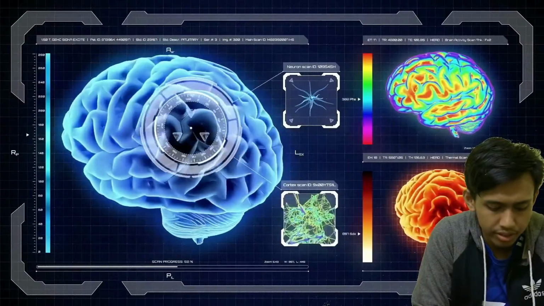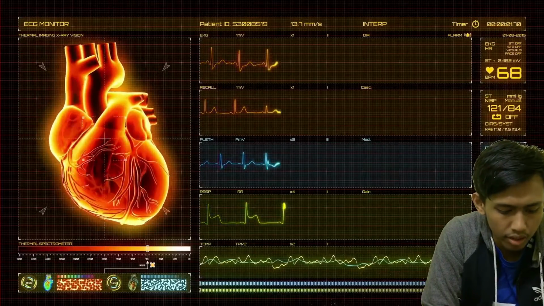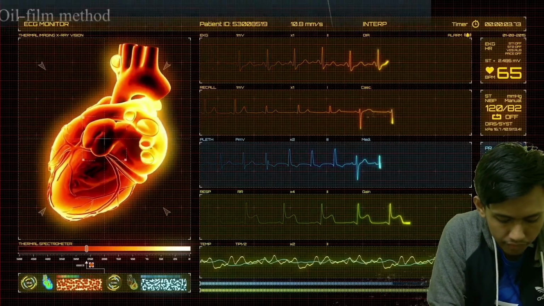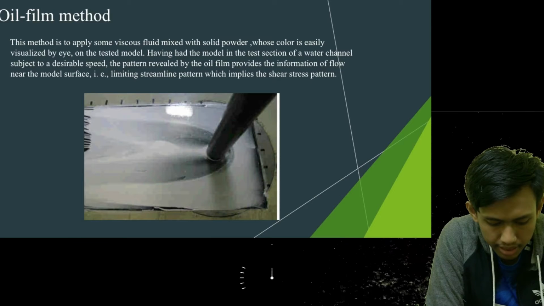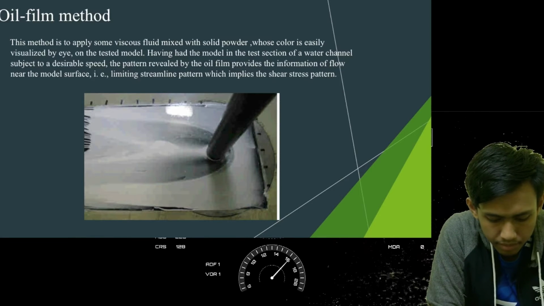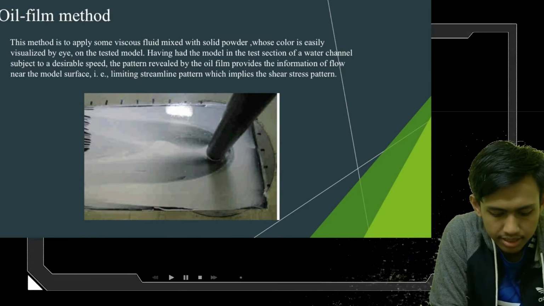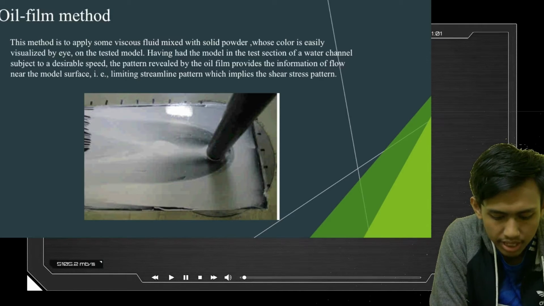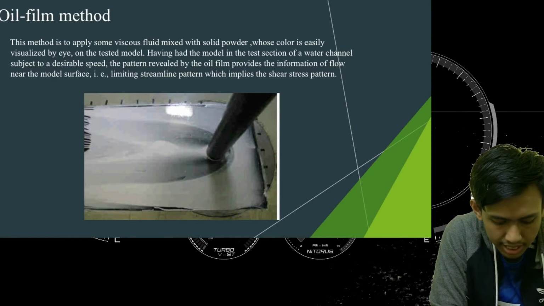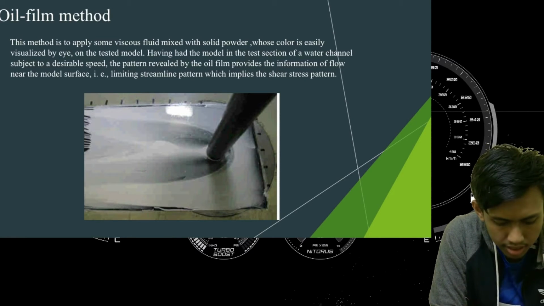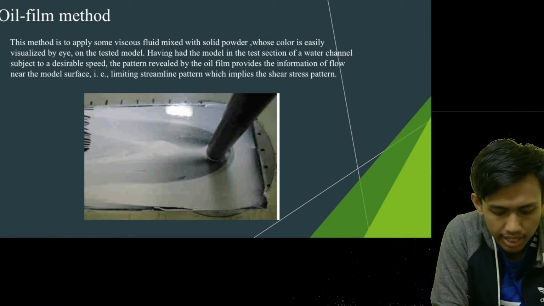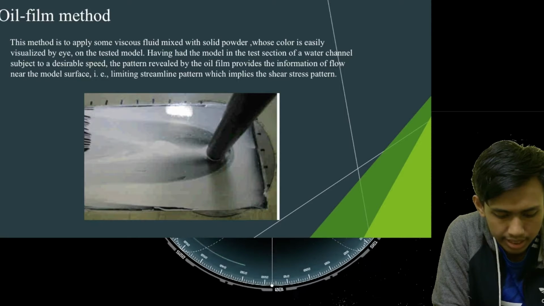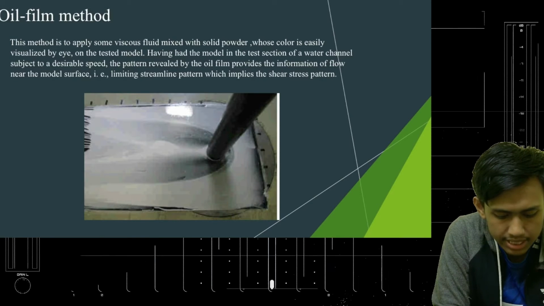My part is the oil film method. The method is to apply some resin mixed with solid powder whose color is easily visualized by eye on the tested model, and to place the model in the test section of a water channel subject to a desirable speed.